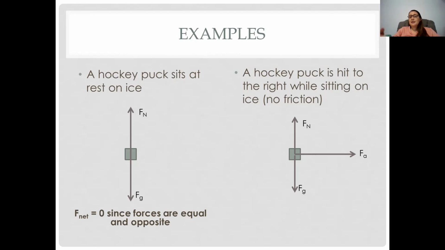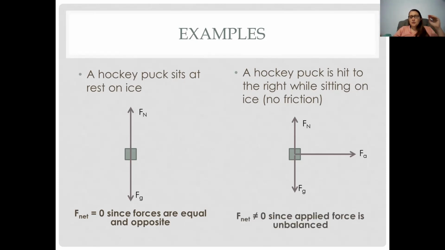It may not be the same size as the applied force. It could be smaller if the puck is going to accelerate or change its motion. Friction could be bigger than the applied force if you hit it and it doesn't actually move anywhere. So keep those things in mind for future examples. But in this case, no friction. Our free body diagram is complete.